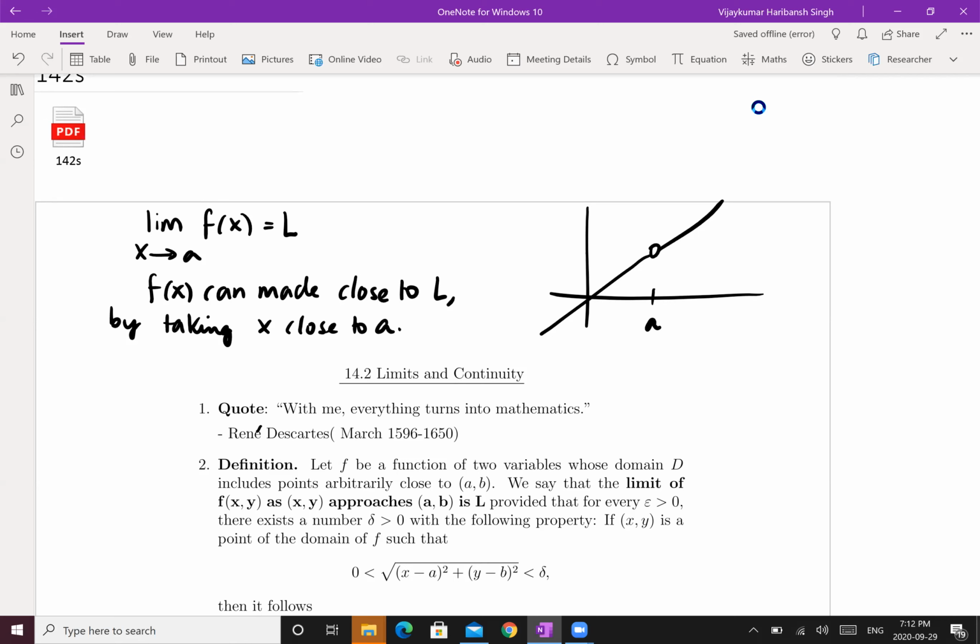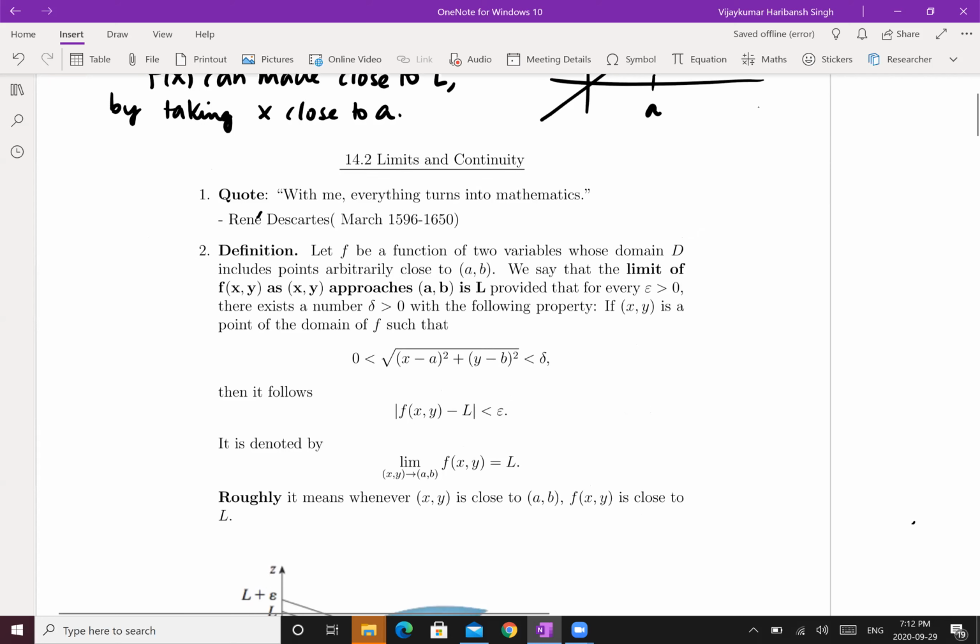We want to generalize this idea to functions of two variables, and later on you'll see that this can be generalized to functions of n variables in a similar manner. So first of all, what is the limit of a function of two variables? Let f be a function of two variables whose domain is D, which includes points arbitrarily close to (a, b).